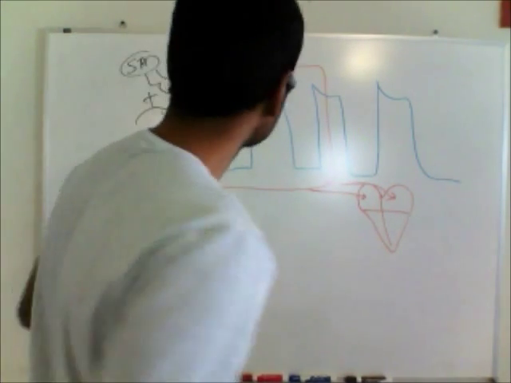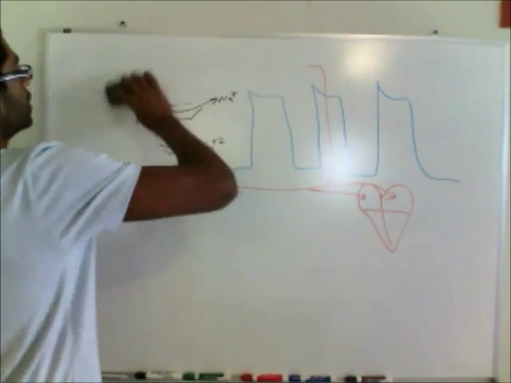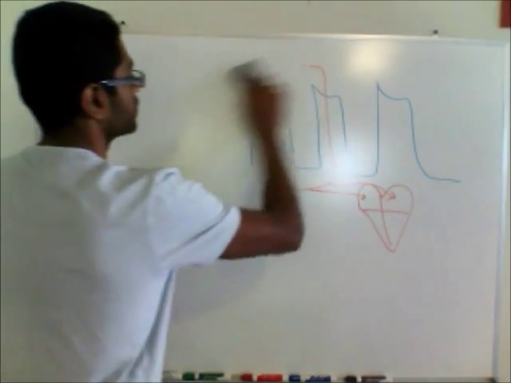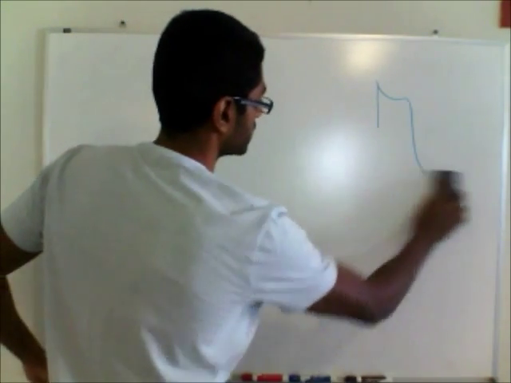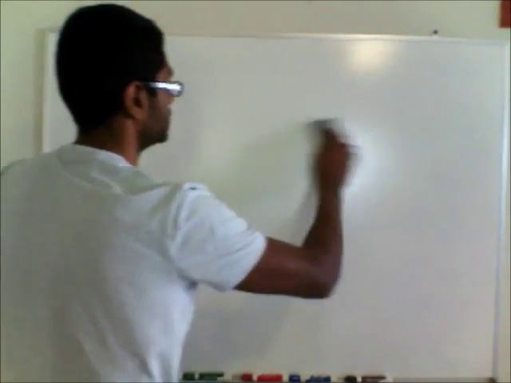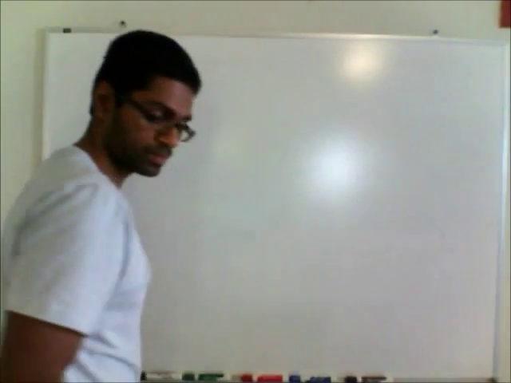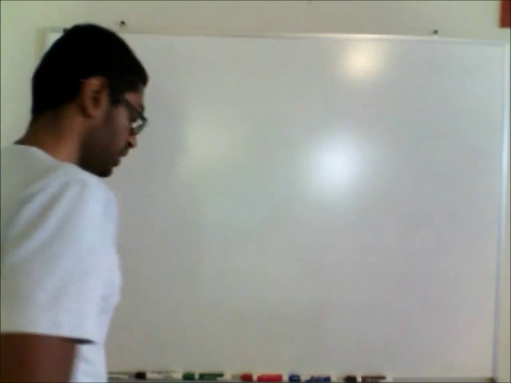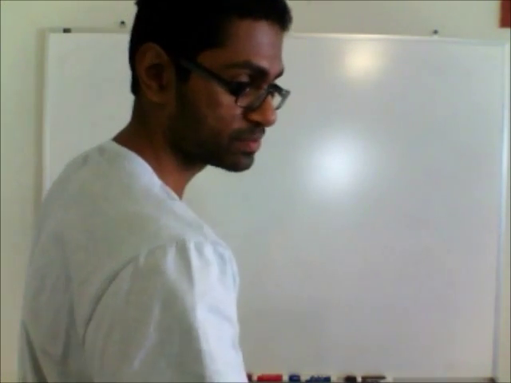Now I'm going to do a brief comparison of the different graphs, all right? And then we are going to talk about the parasympathetic and sympathetic innervations, and then we'll be done.